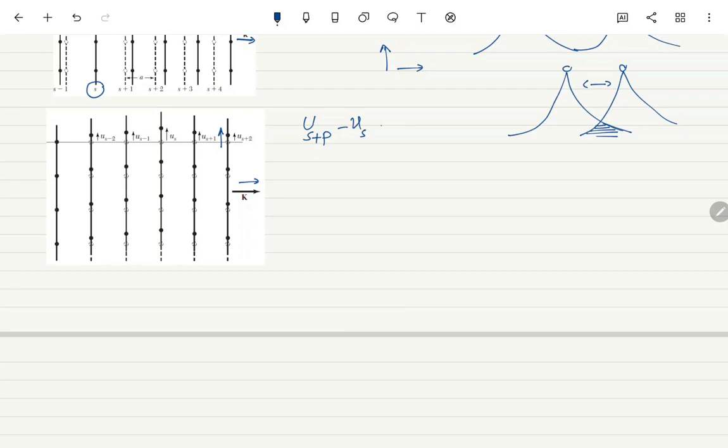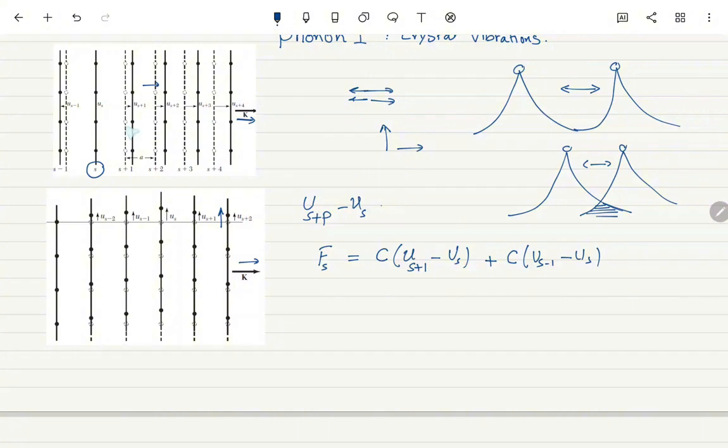So in this case, Hooke's law gives F equal to C, the force constant, times the displacement of plane s+1 minus u_s, plus C times u_{s-1} minus u_s.